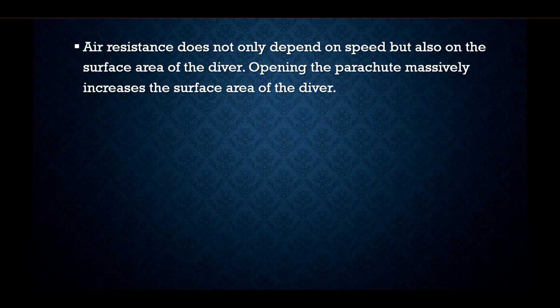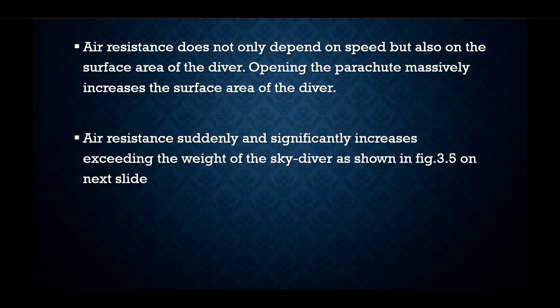Air resistance does not only depend on speed, but also on the surface area of the diver. Opening the parachute massively increases the surface area of the diver. Air resistance suddenly and significantly increases, exceeding the weight of the skydiver, as shown in figure 3.5 on the next slide.